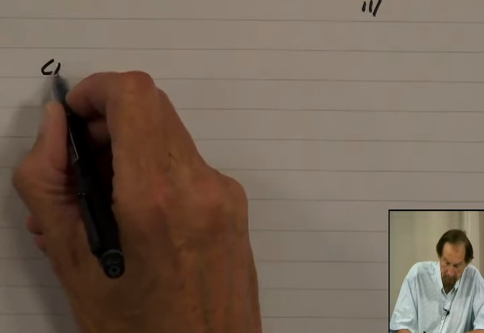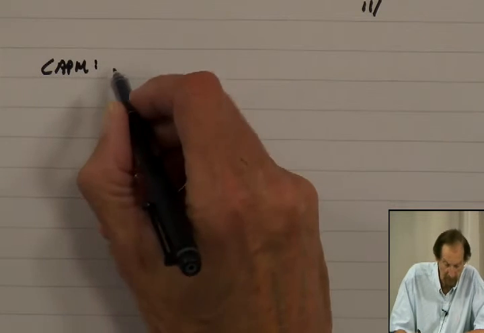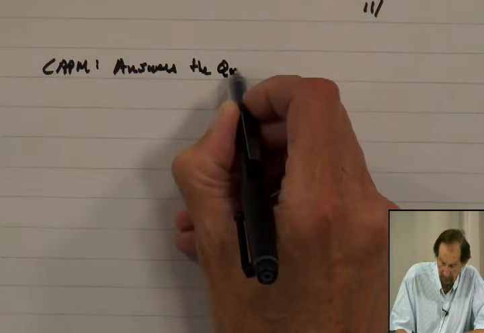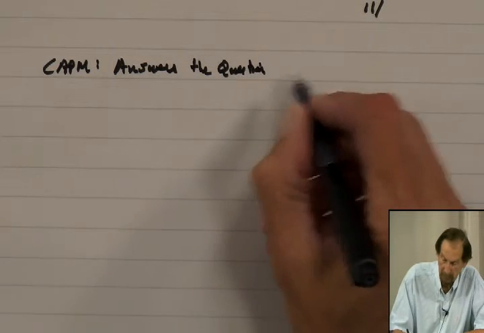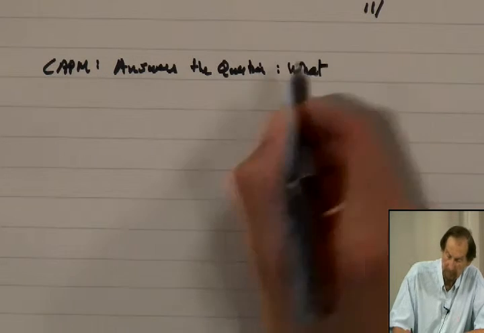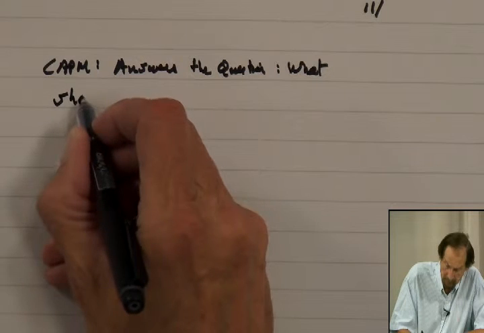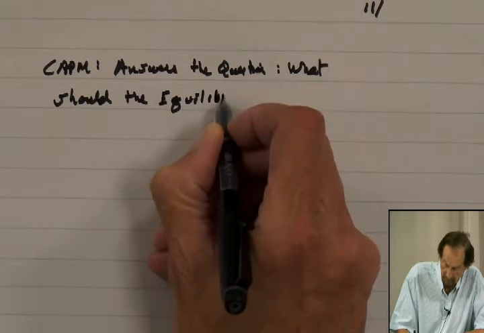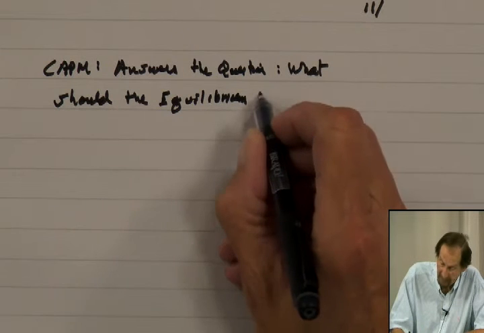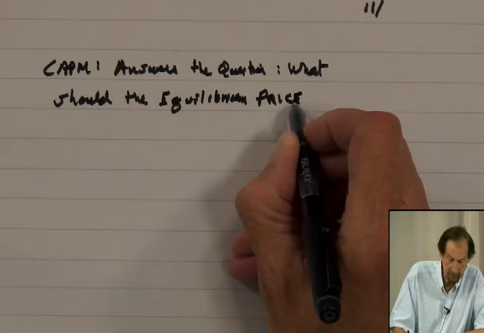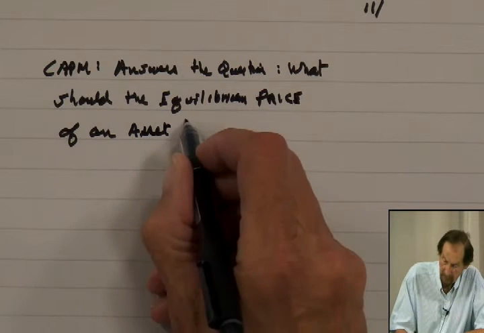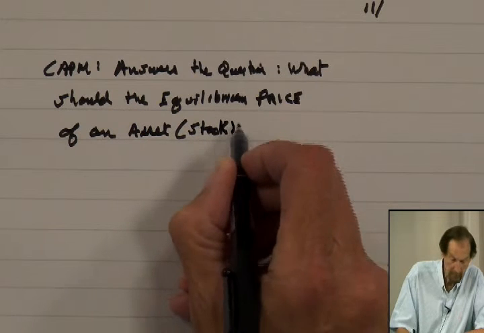Now, so the CAPM answers the question, at what should the equilibrium price of an asset or stock be?